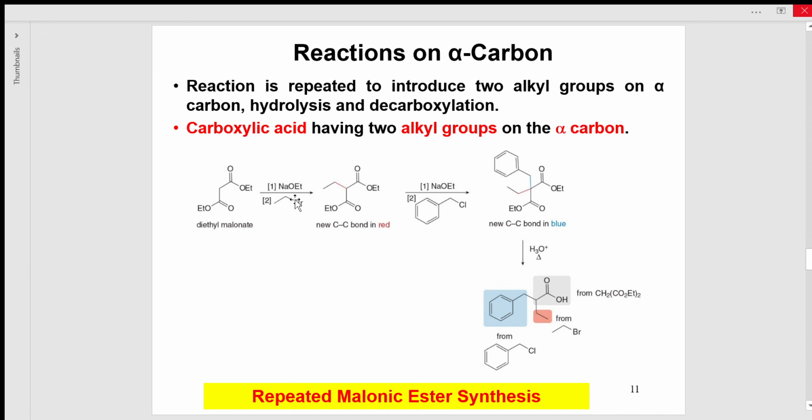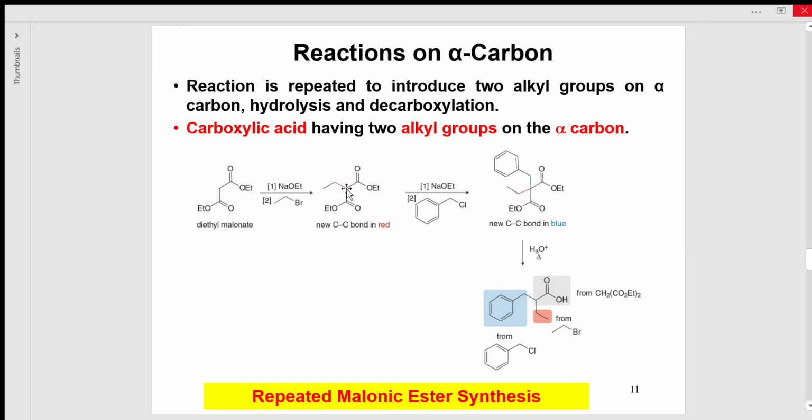In the next step, if we have an alkyl halide like bromoethane, the enolate is going to attack this carbon to form a new molecule. You see, this is a new structure. Basically, an ethyl group replaced one of the hydrogens here, in this two-step reaction.